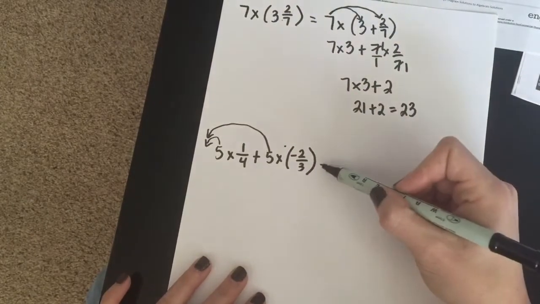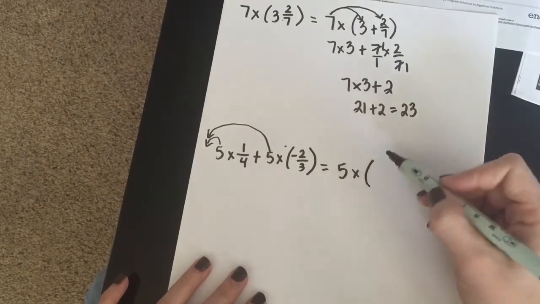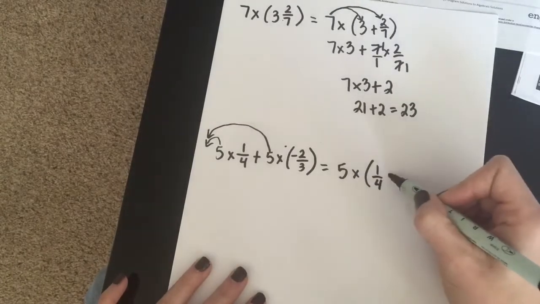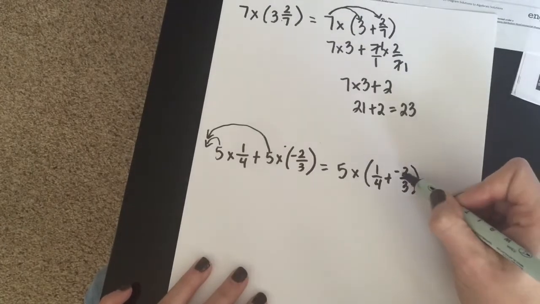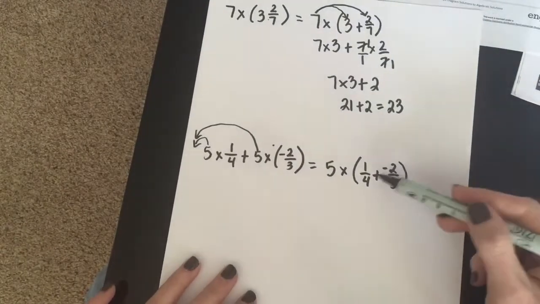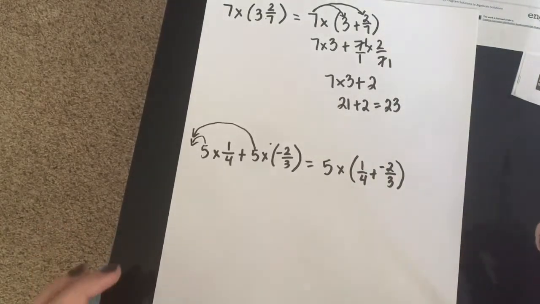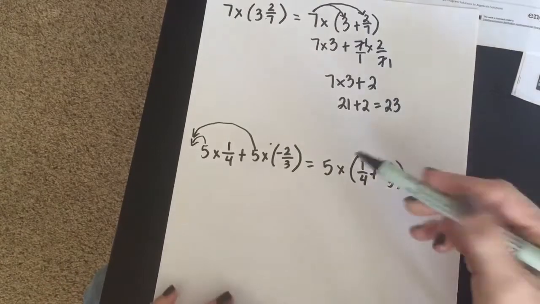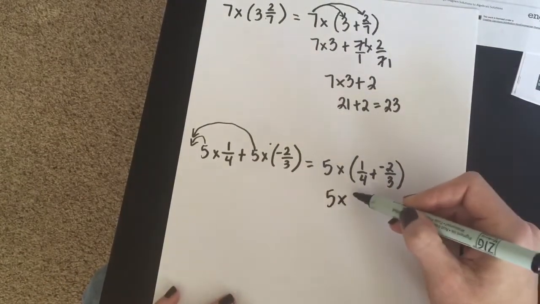And then we end up with 5 times 1/4 plus negative 2/3. Okay, and even though these fractions have unlike denominators, we can easily do them because they're very workable numbers. They're very friendly numbers. So order of operations says to do that first.